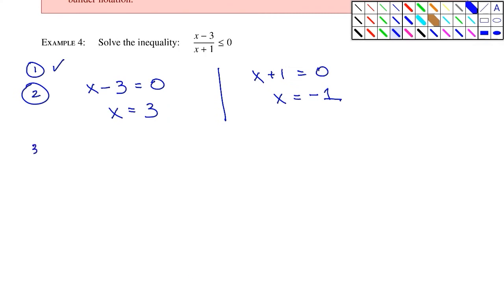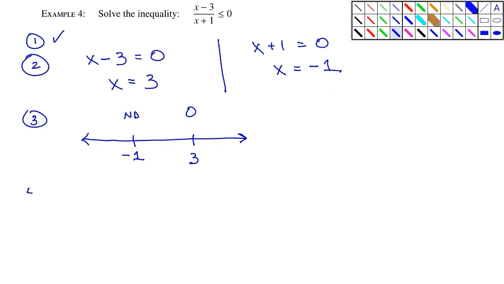Step 3, we're going to create the sign chart. So the sign chart has negative 1, and that is a point where it is not defined. So we use ND. And x equals 3 is a 0. And step 4, we do the testing. So here again, you can do testing or you can do multiplicity stuff, but you do have to start with one of them.